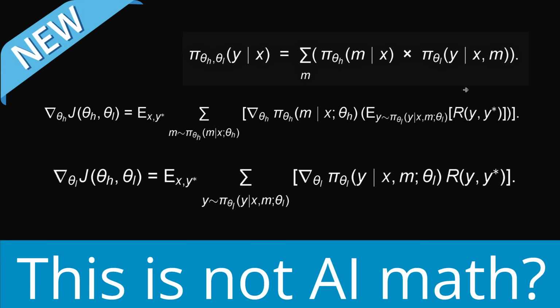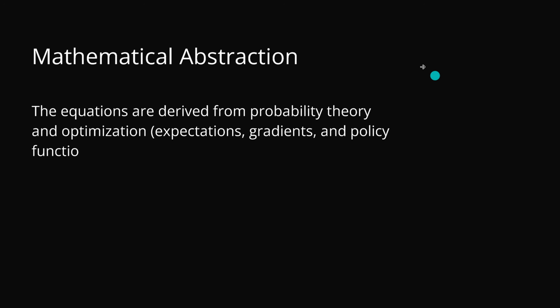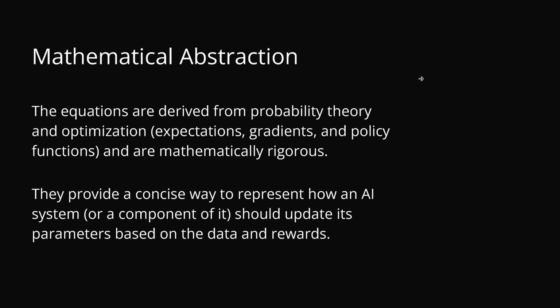And yes, those are the equations that define the system, that define the dynamic of the system. But you know what? Those are not really mathematical equations because they are kind of a mathematical abstraction, you know? Yes, of course, we have probability theory, optimization theory, expectation gradient, policy function, and all of these are mathematical, rigorous, and beautiful. And they guide us to represent how an AI system should be built, how its parameters should be calculated and everything.